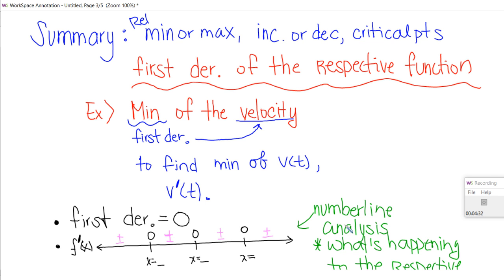It's telling you all about the original function. So we're using the first derivative to tell what's happening with the actual original function.